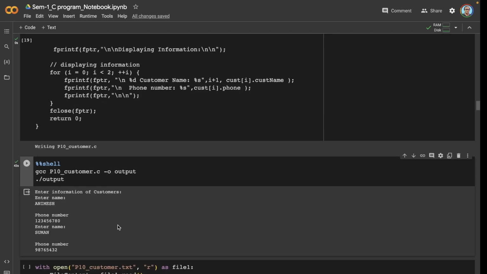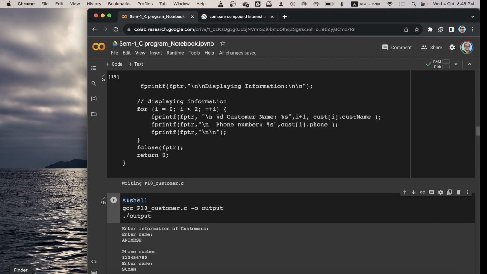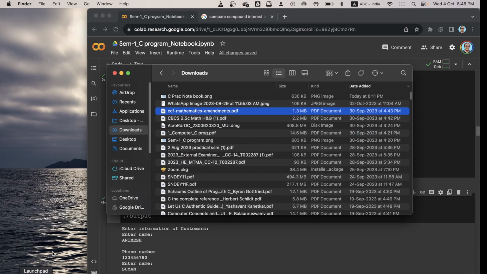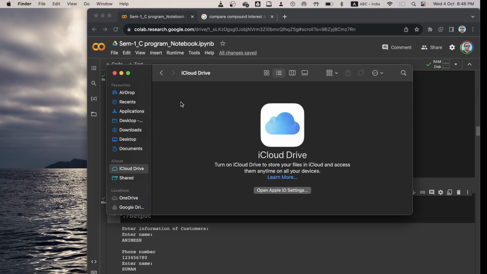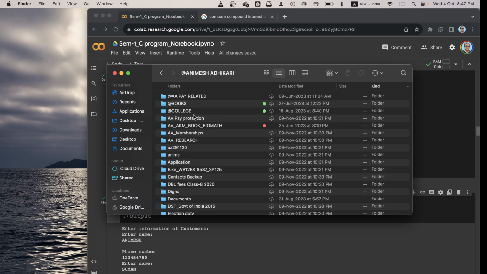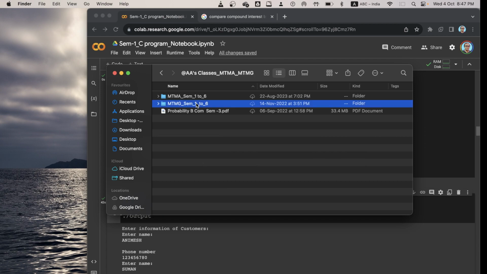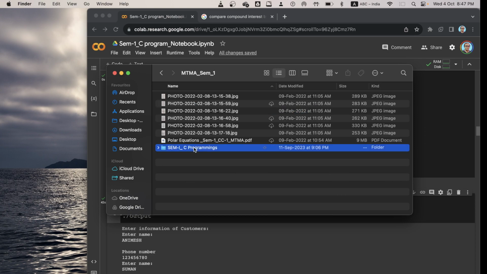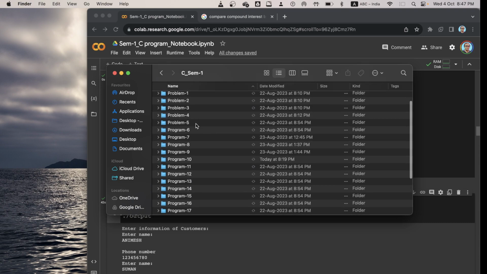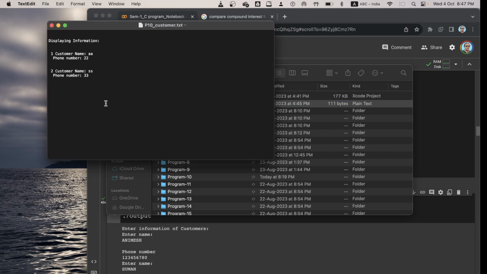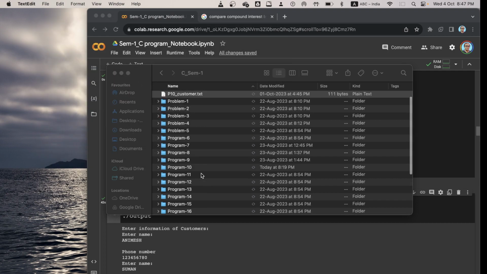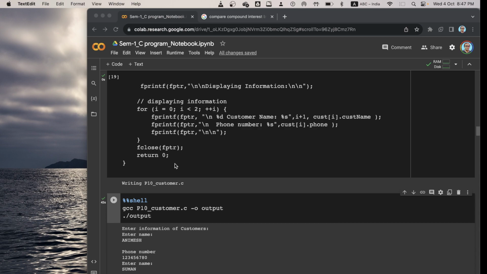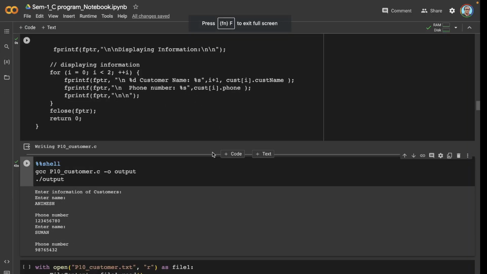We can get the output from fptr. Sorry, fptr stores it here, but I cannot find this file.